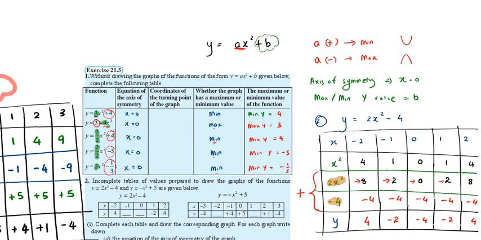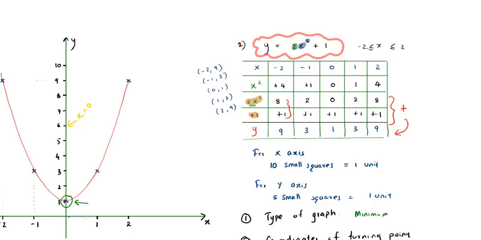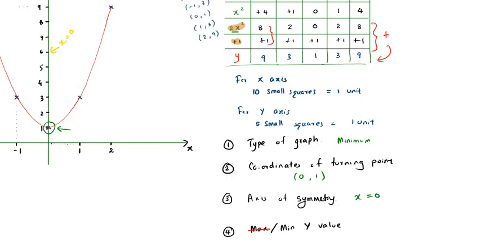Then coordinates of turning point, so that also I think I have to show you the strategy. You might have observed in the coordinates of the turning point in the previous graphs also, children. Since your y-axis, or the x equals 0 line, is the axis of symmetry, you are always turning on the y-axis.